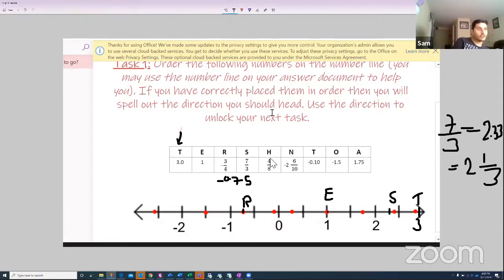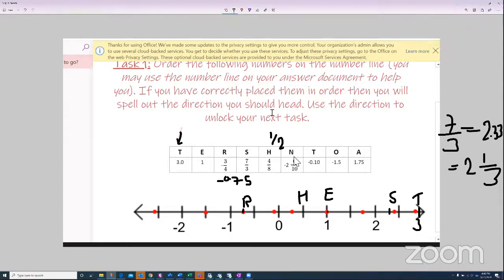Then we have to go to H. It's going to be 4/8. That's going to be 1/2. Then this is positive, so this is 0 and this is 0.5. So the H lies right here. Then we have to go to the N. Wait, hold on, I need to write some down.